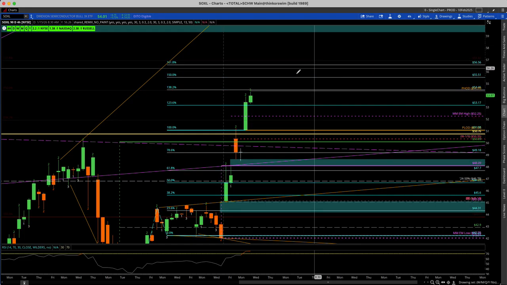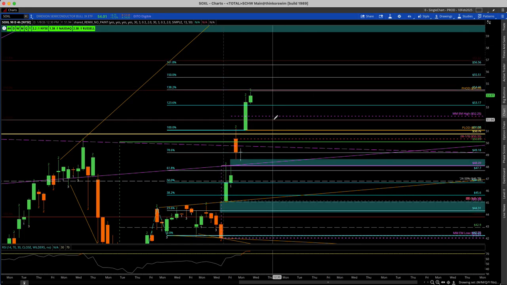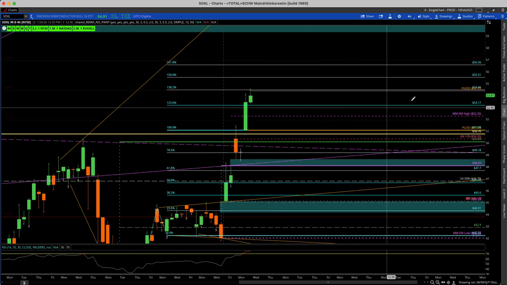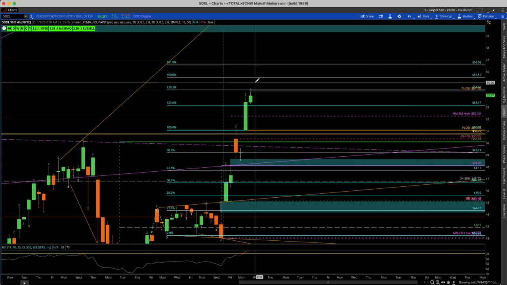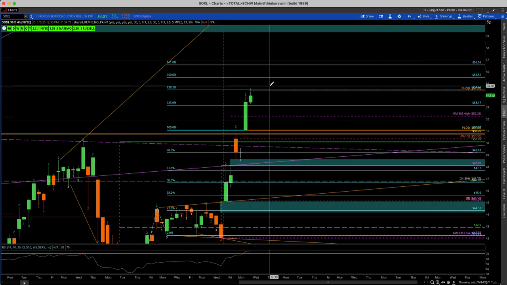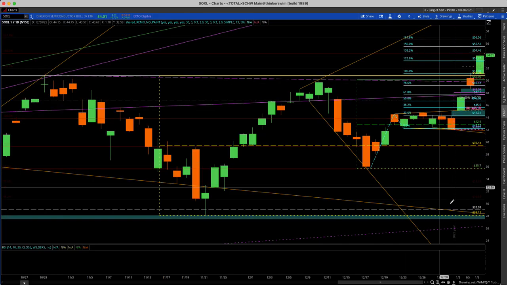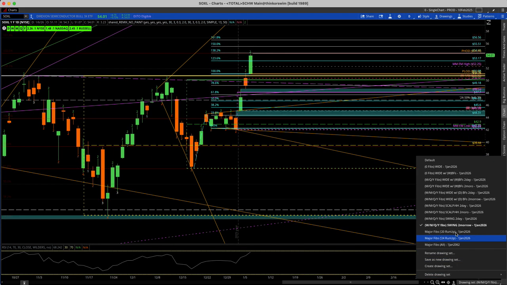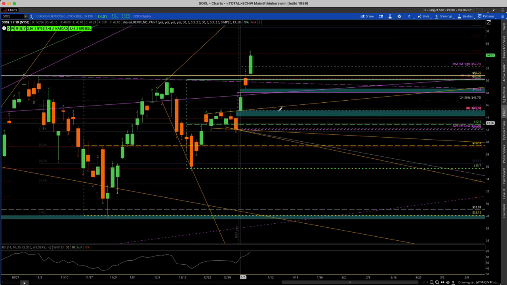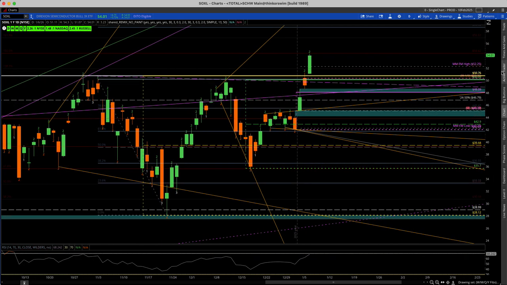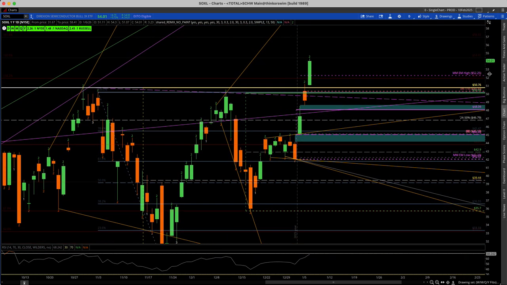So 56, 57, pretty good area to look for if we have a really strong day tomorrow. 55.50 if we have just a reasonable push up tomorrow, maybe a slow grind or something like that. But again, remember, we do have some catalysts out there tomorrow morning, so be ready for those economic numbers. Looking at the day chart, it's just kind of like the 4 hour, right?